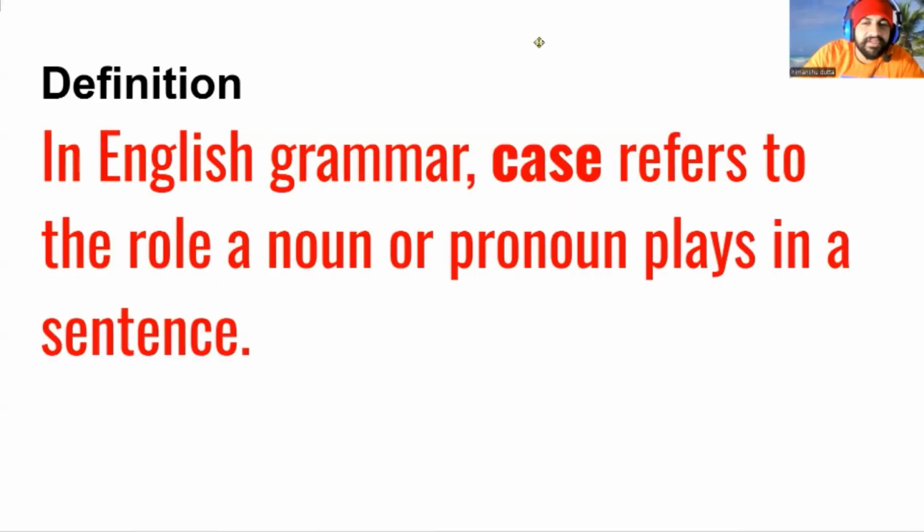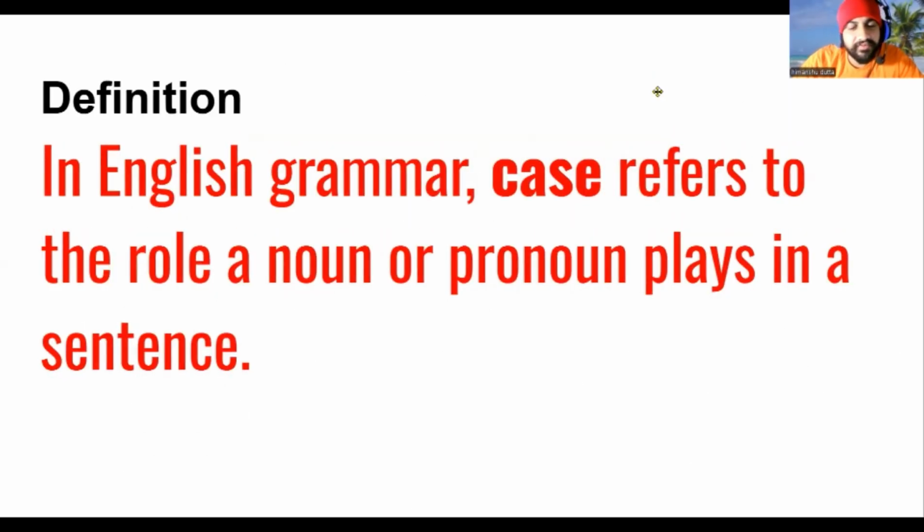As far as the definition is concerned, in English grammar, case refers to the role a noun or pronoun plays in the sentence. As I mentioned before, it's all about nouns or pronouns. A noun is the name of a person, place, or thing. That's a definition. But we should know that anything which has a name in the world, any place, whichsoever is named as something, will be a noun.